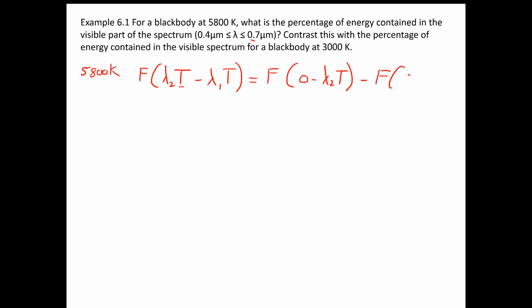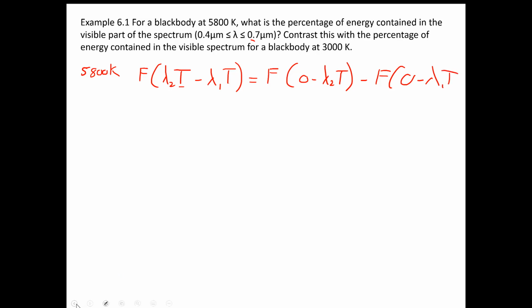Let's first do this for a temperature of 5,800 Kelvin. What we're trying to find is the fraction of energy between lambda 1, which is 0.4 micrometers, and lambda 2, which is 0.7 micrometers, at that temperature. To find that, you set it equal to the range between 0 and lambda 2 minus the range between 0 and lambda 1.